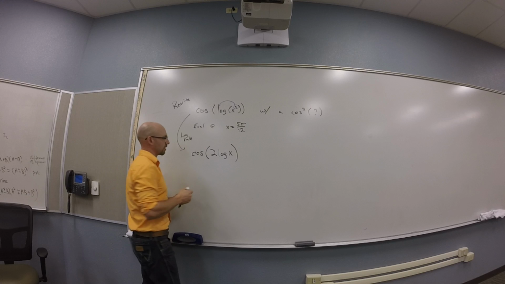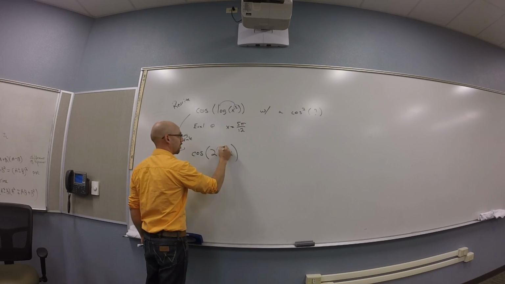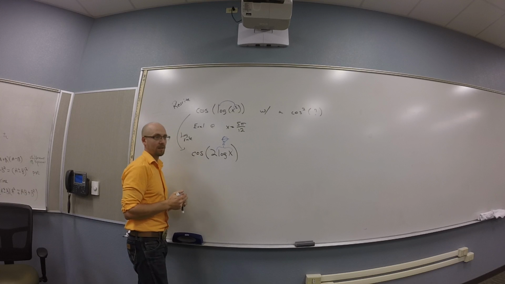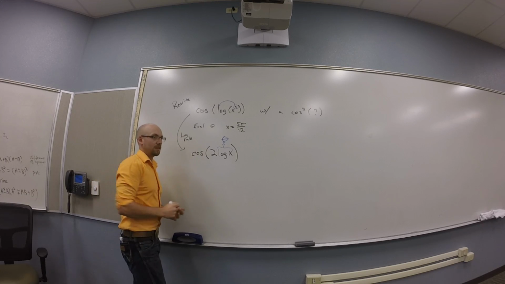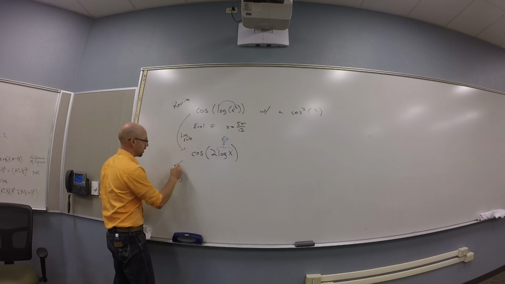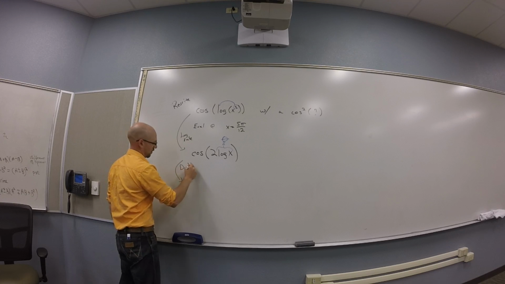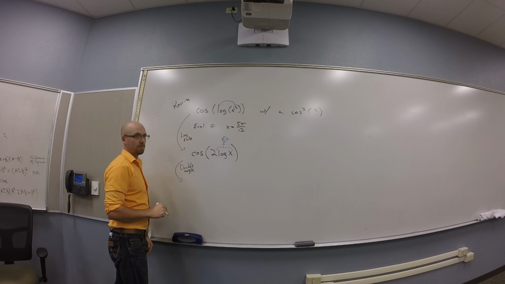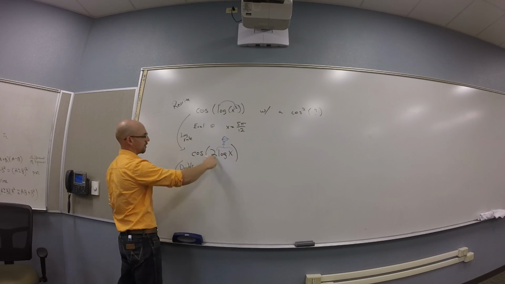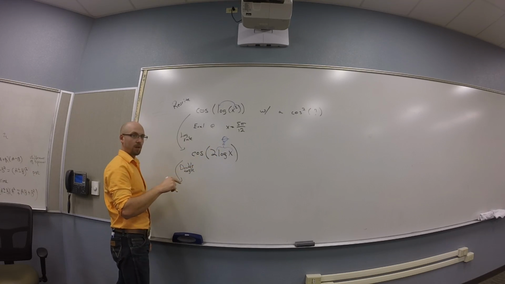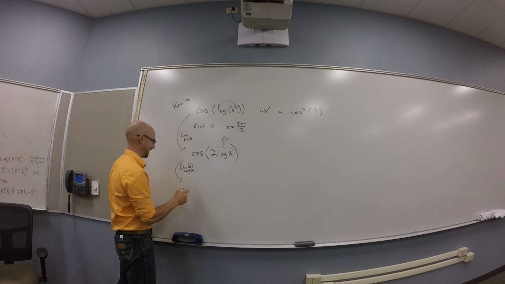Yeah, so all of log of x here I'm going to think about as the angle theta. So then I'm going to do double angle, right? And so I have cosine of 2 theta is what? Something squared.